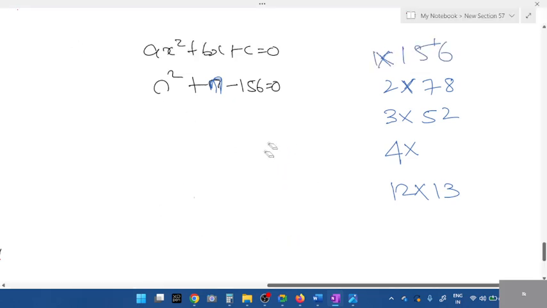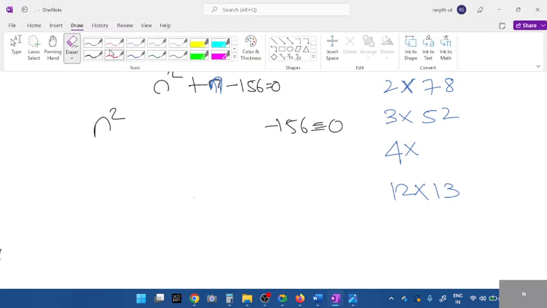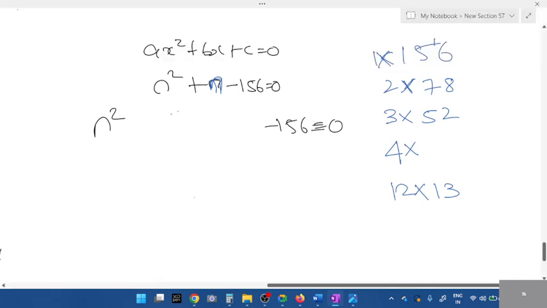How much is 12 into 13, students? 156. So what are the two values here? 12 and 13. So minus 156. If you want to get minus 156, what should I put? Plus N is given. So minus 12N plus 13N minus 156.